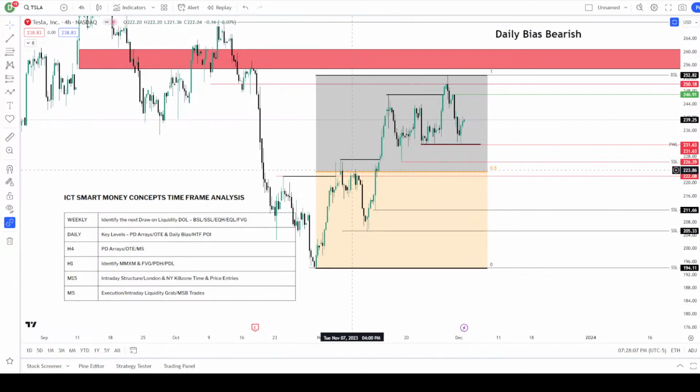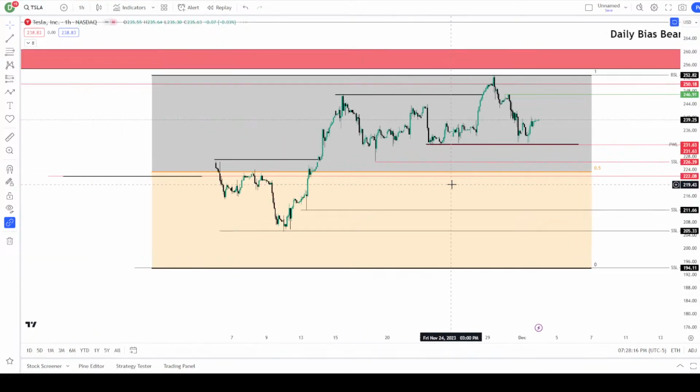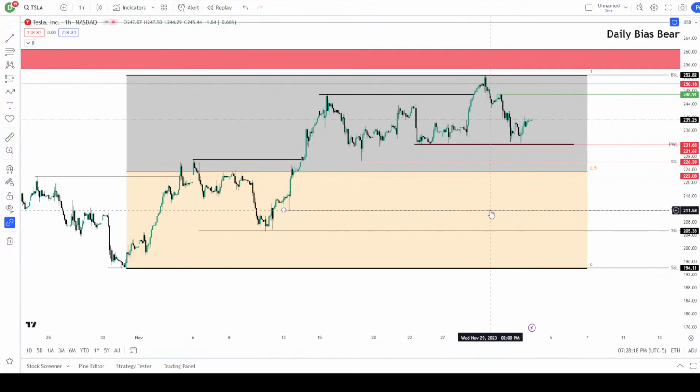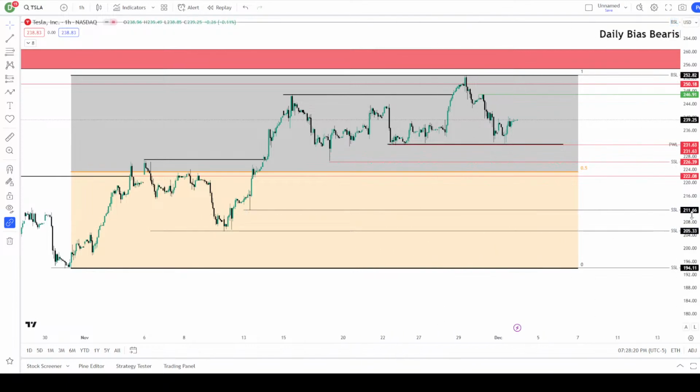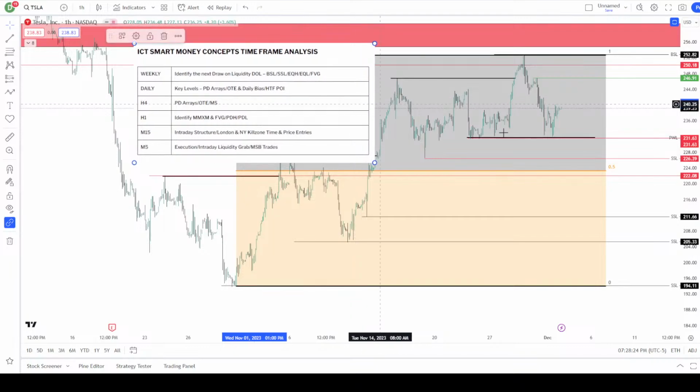The most recent one we can see on the 1 hour chart... we're on the 4 hour chart. Let's go to the 1 hour chart. All right, there we go.